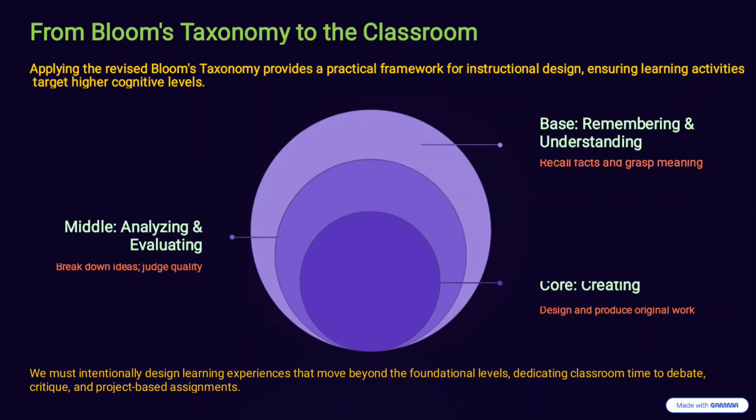You know, there are 6 levels in Bloom's taxonomy. The first two levels, which are basic levels or base levels, are remembering and understanding. In these levels, we recall facts and grasp meanings. This is the very basic or low order thinking level.